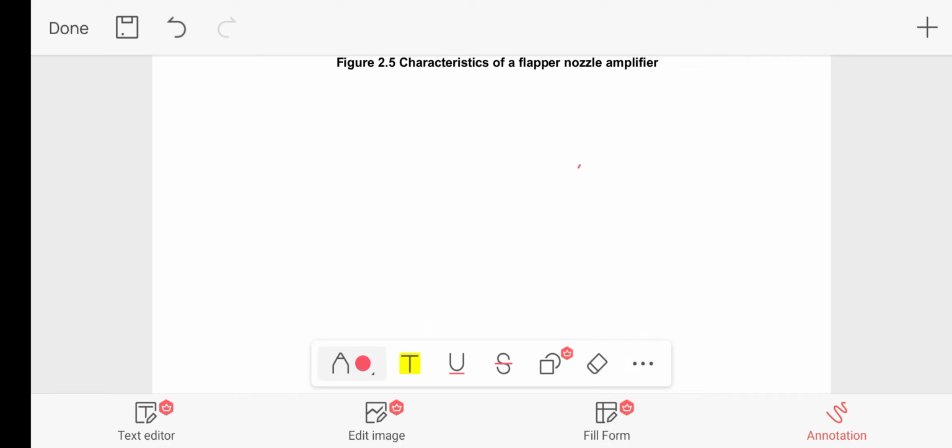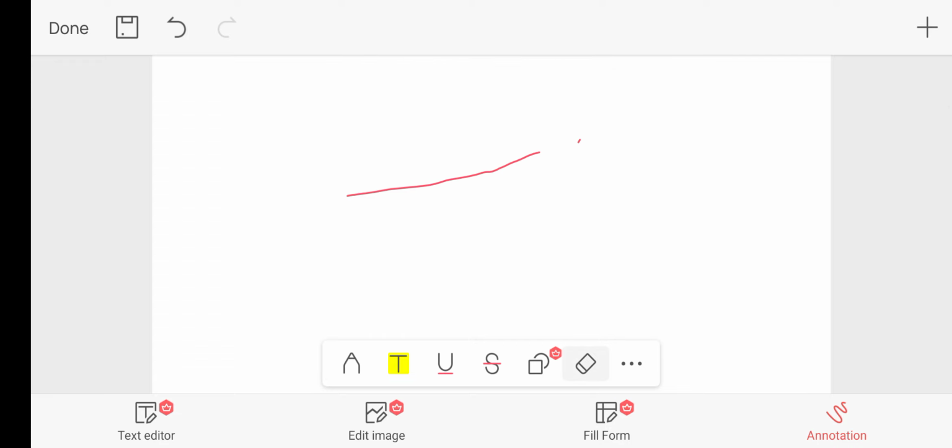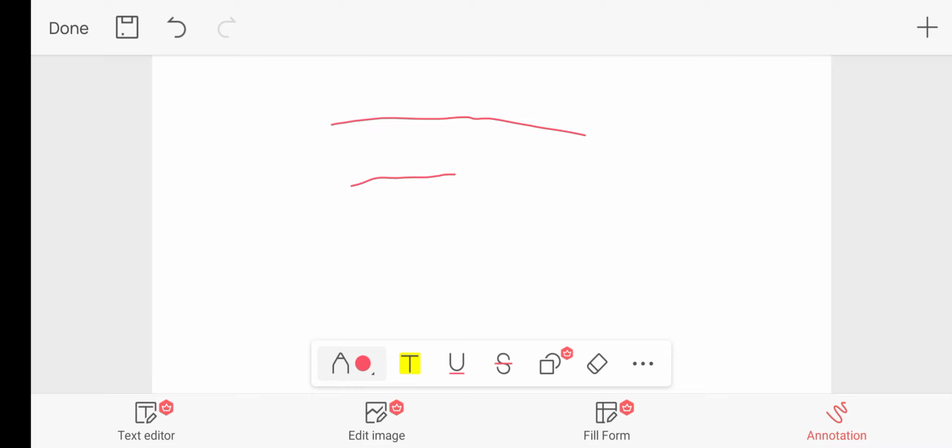Okay, do you understand? I explain. Here is the restriction, and here the nozzle and flapper mounting.